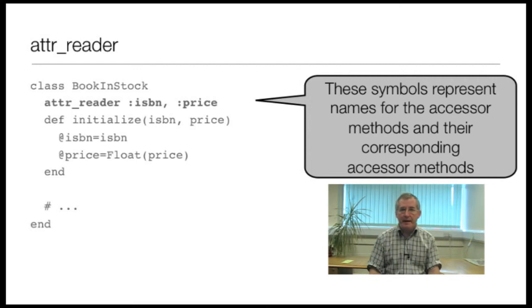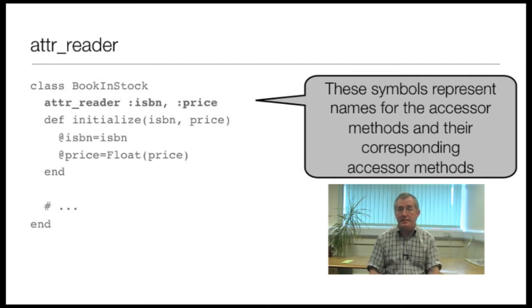I'll show you in a little bit how to distinguish between those 2 cases, but in those 2 declarations now, accessor methods are implicitly declared for both of those variables, and there is a setter method declared for price, and we'll see how that's used.